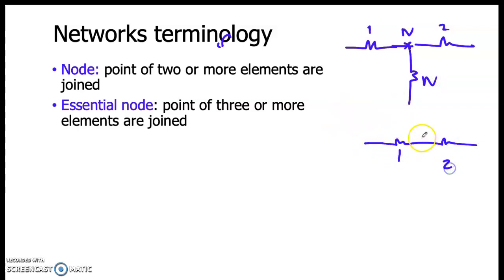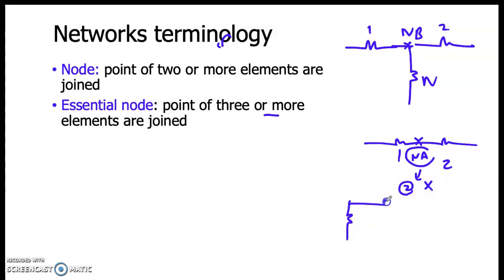So 1, 2, this is node A and this is node B. In these circuits, we have node B, and in this circuit, we have node A. What is essential node? Essential node means it has 3 or more branches. So let's say here node A only connects with 2 branches. We don't call this one an essential node.